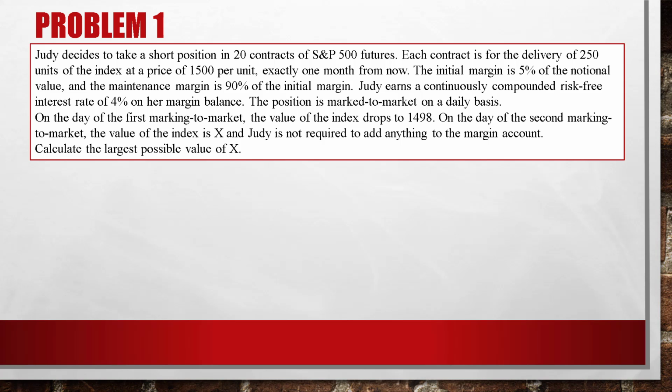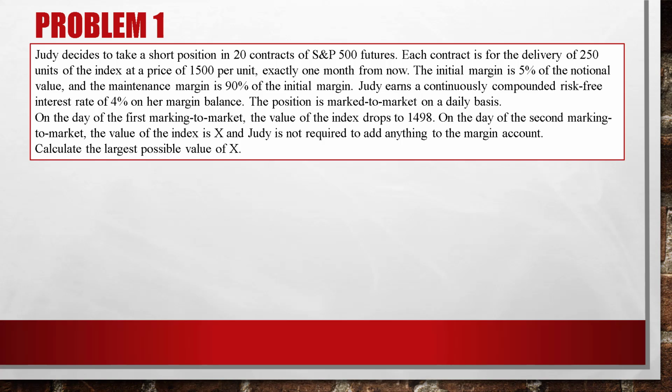So this problem is about the margin balance and the maintenance margin. We consider the beginning, then the first day and the second day of the marking to market. In order to set up the iteration to calculate the margin balance from time 0 to time 2, we have to first determine the notional value in order to determine the maintenance margin.